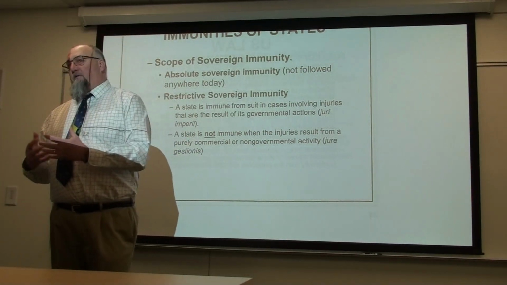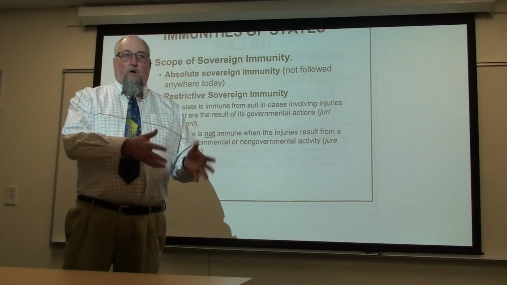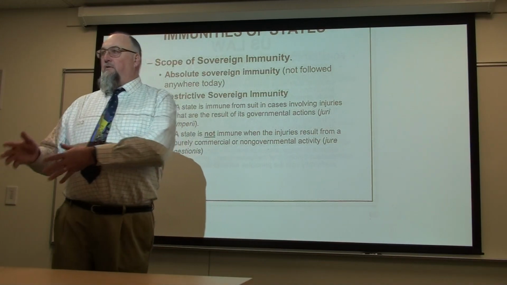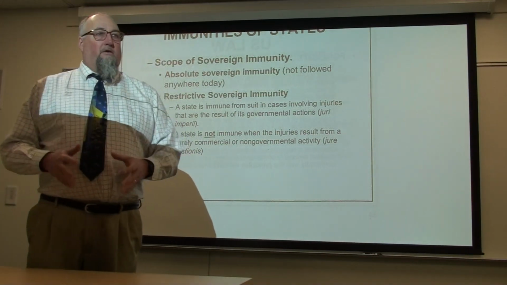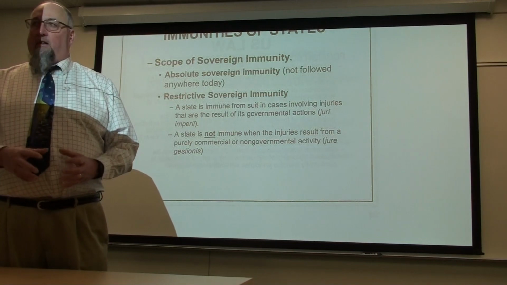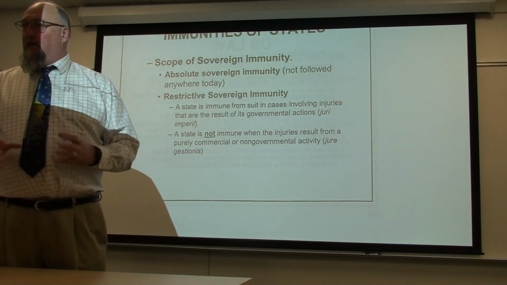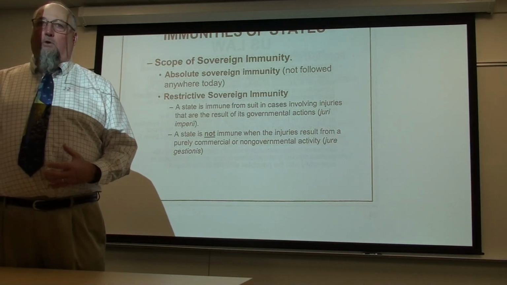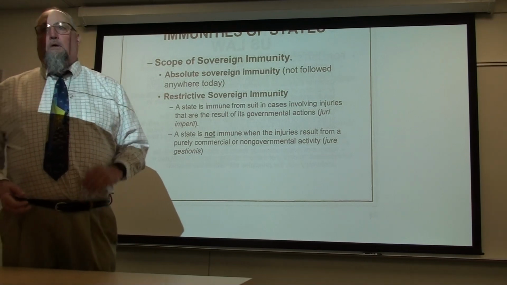Part of this idea of sovereign immunity is both whether you can even be sued, and part two, even if you were sued, are the assets of that government available to be seized, taken, to pay money that the court has said they owe.